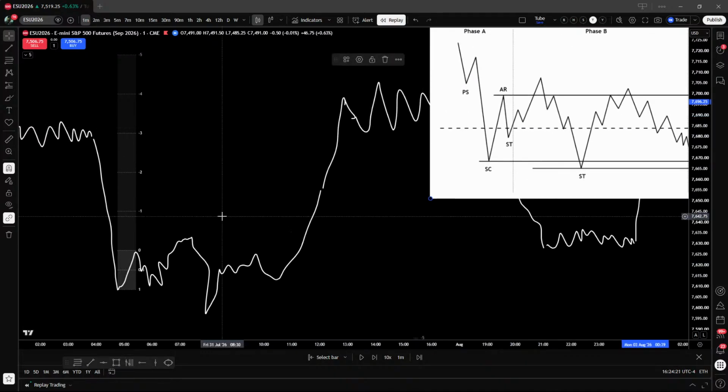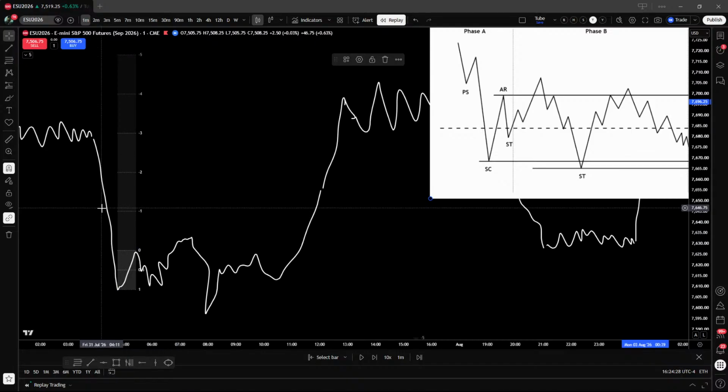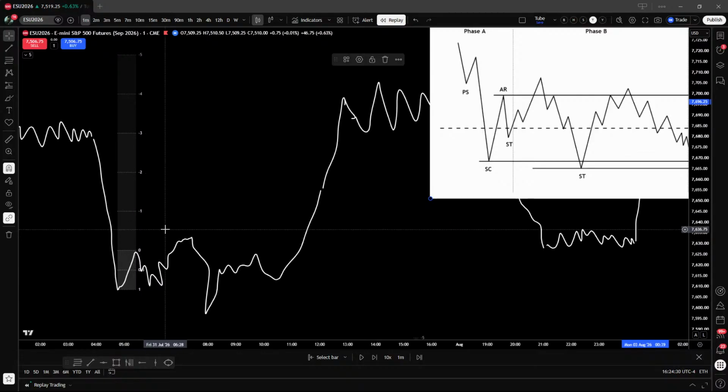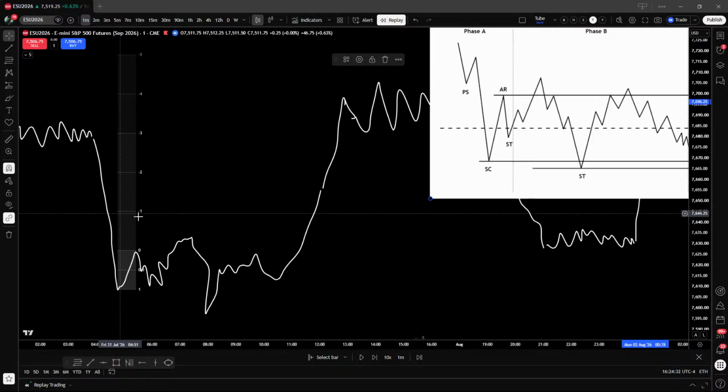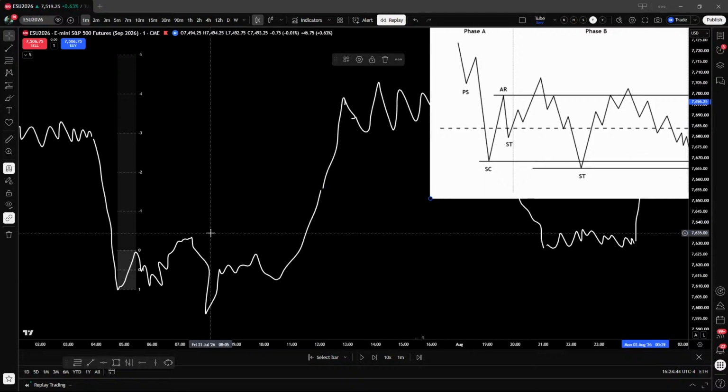To me, I'm always looking at the -1, right? If it can't get above here, then I'm losing confidence that it's actually going to go up. And often you'll see the opposite.